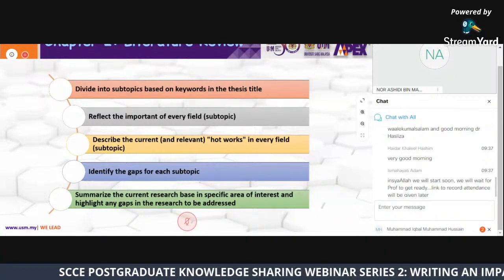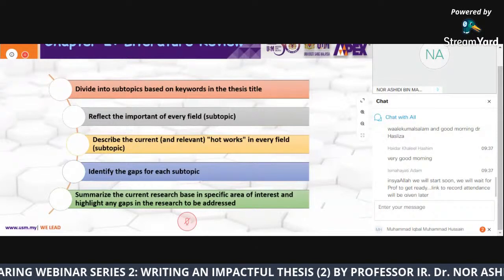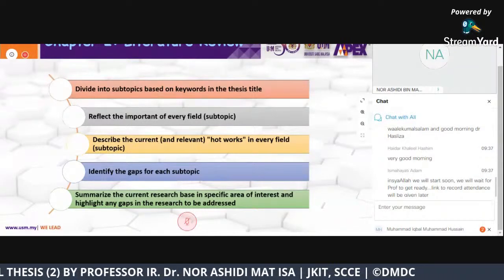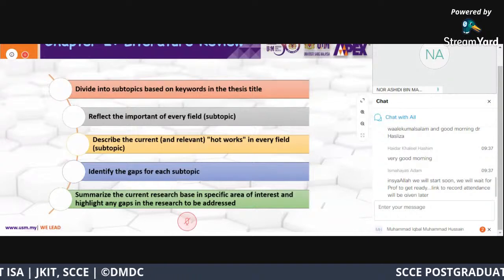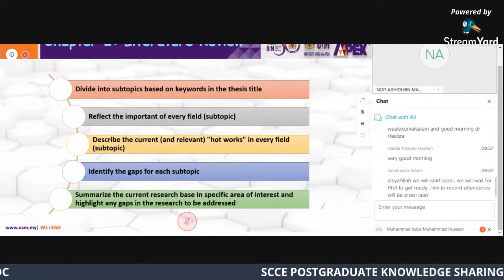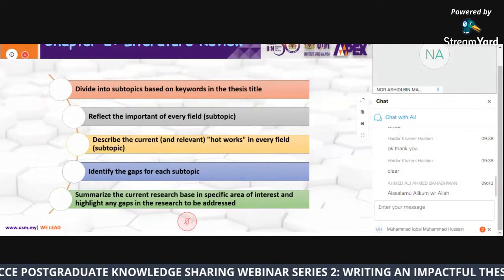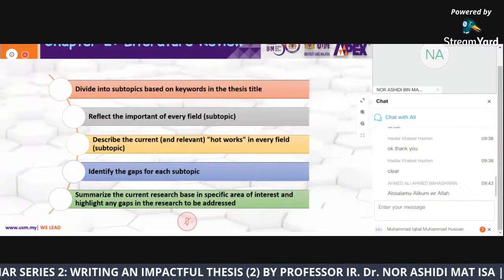In the literature review, these are the 5 elements that should be observed by all postgraduate students. First of all, he or she must manage to divide the whole research into subtopics based on the keywords in the thesis title.